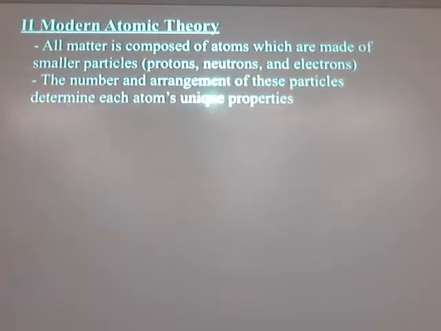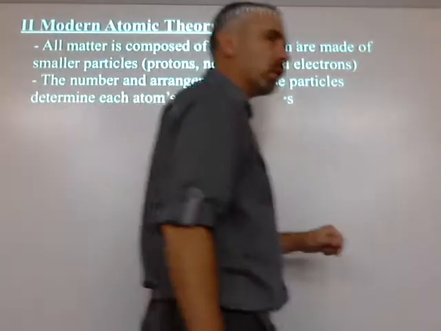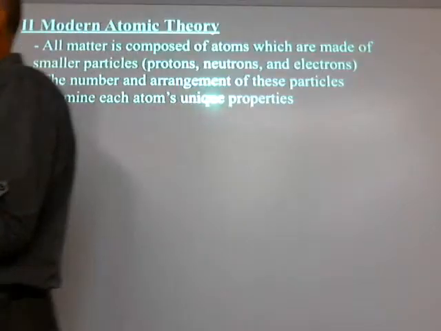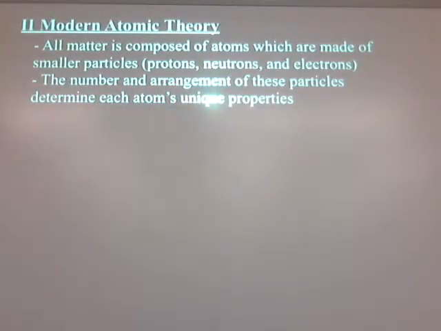Before I get to that, the number and arrangement of these particles, protons, neutrons, and electrons, gives each individual atom its own unique properties. See, that's what's different from, for example, Democritus and Dalton. These guys didn't really understand.